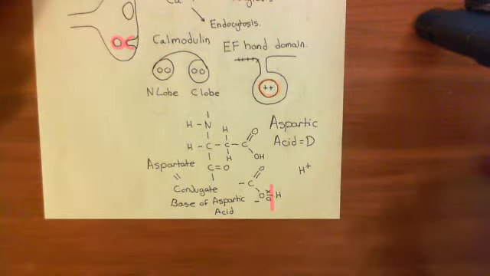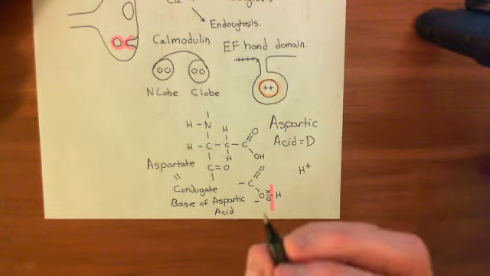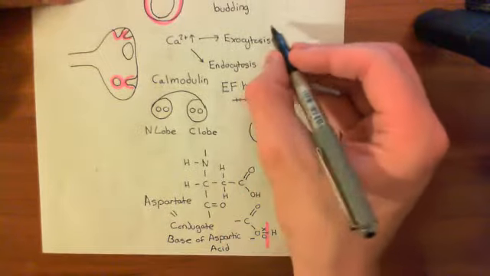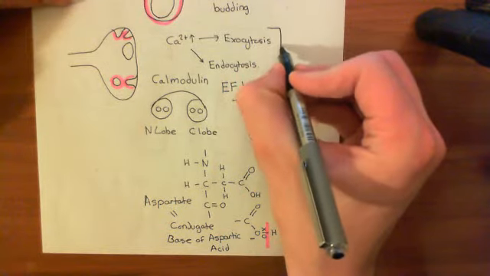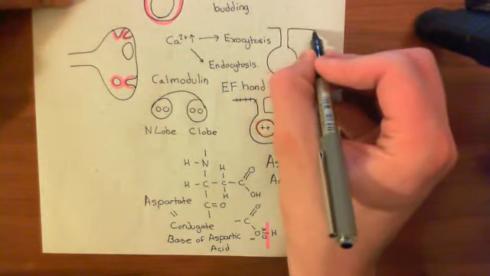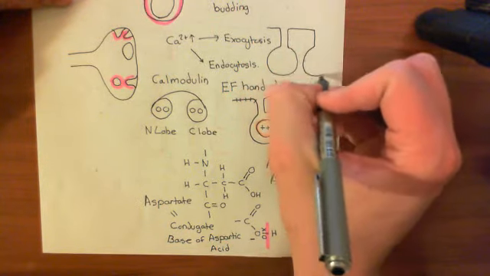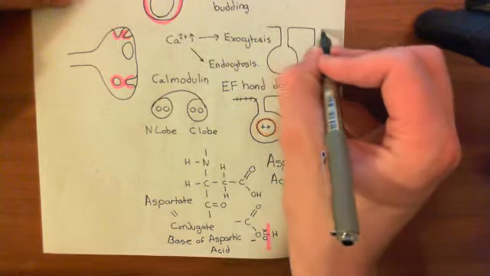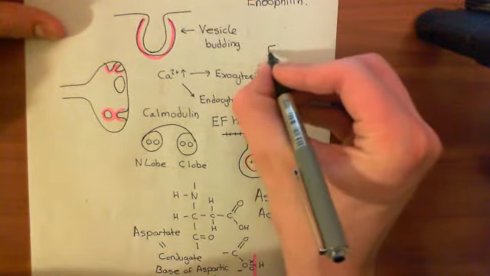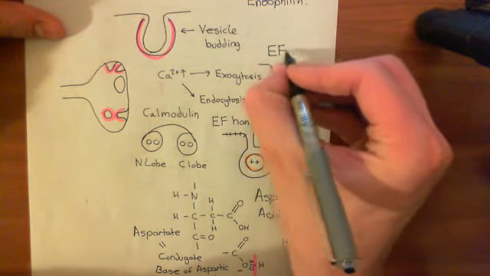Okay, now, EF hand domains rarely go around on their own. Instead, usually, in a polypeptide, what you'll have is an EF hand domain, and then next to it, you'll have another EF hand domain here, okay? So basically you have a dimer of EF hand domains next to each other, and this is known as an EF dimer.